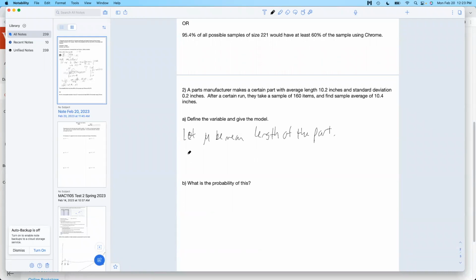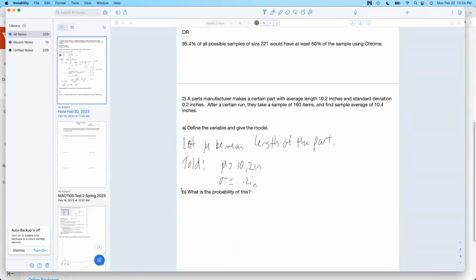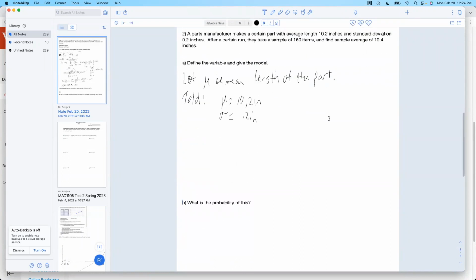We're told that the population mean is 10.2 inches. And we're told that sigma, the population standard deviation, is 0.2 inches. Okay, now we're supposed to check all of our conditions.